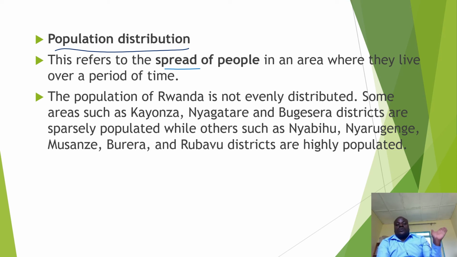Districts of Kayonza, Nyagatare, Bugesera are still sparsely populated. And this is somehow related with activities practiced. For example, Nyagatare is known for animal keeping, and therefore it might be a factor why it is not densely populated.